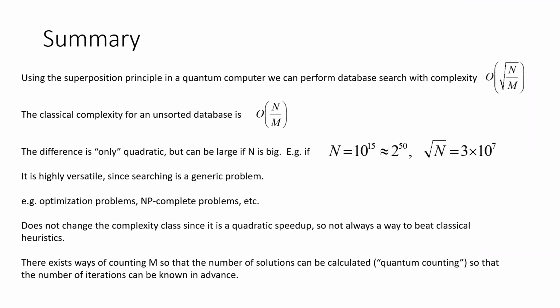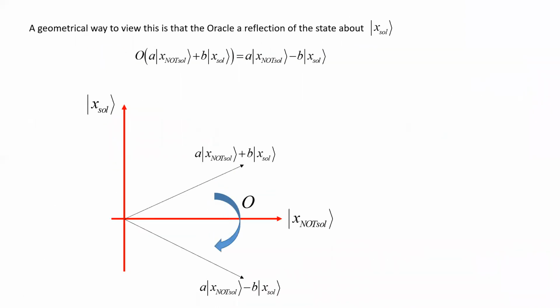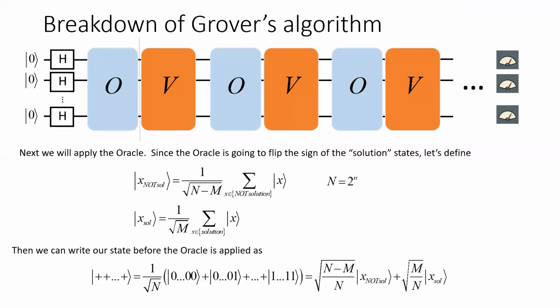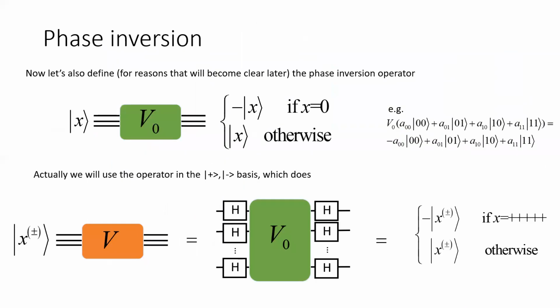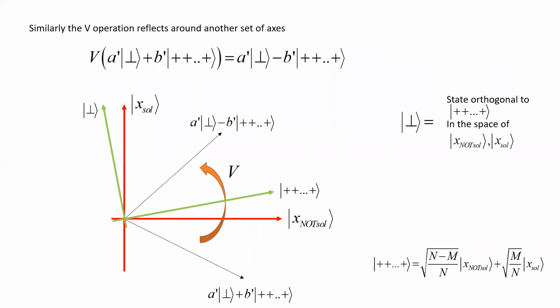When doing the phase flip, it's reversing the first sign, but in the graph you've shown, it was like flipping the other, like if you do the rotation around the plus state, it wasn't like adding a minus sign in front of the plus state.